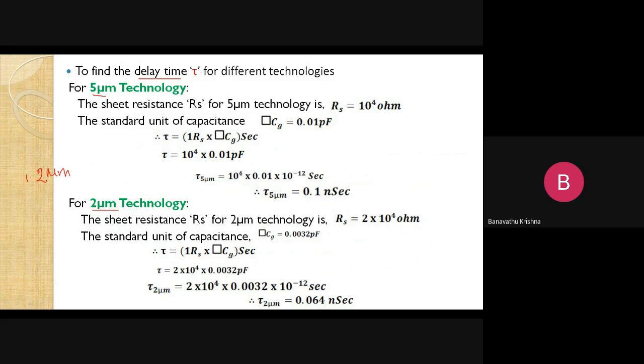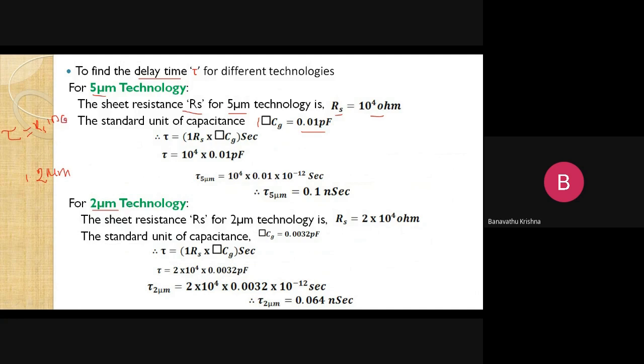We know the values: the resistance value for 5 micrometer technology, Rs, is 10 to the power of 4 ohms, and the standard unit of capacitance for 5 micrometer technology is 0.01 picofarads. So we know that tau, the delay unit, equals Rs into square Cg.